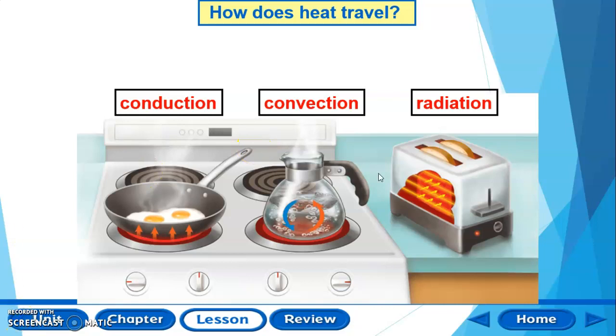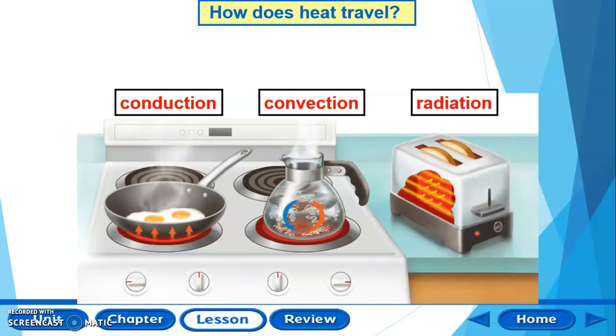Another way in which the heat travels is by radiation, as Earth's surface is warmed by radiation from the sun, for example. Radiation is the transfer of energy through electromagnetic rays. These rays include visible light, X-rays, and radio waves. So matter is not needed to transmit radiation. Electromagnetic rays can travel through empty space.